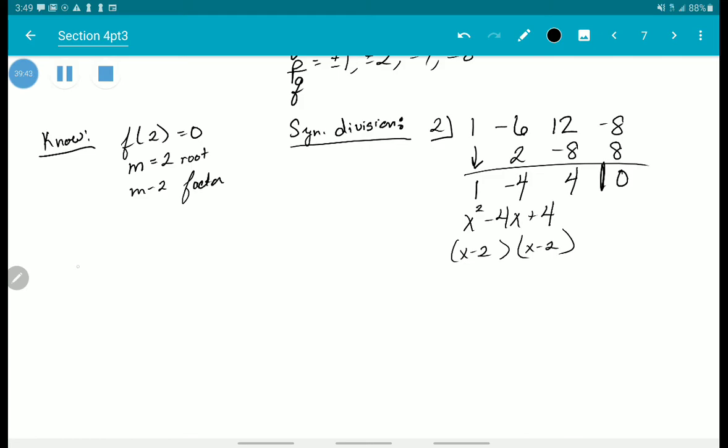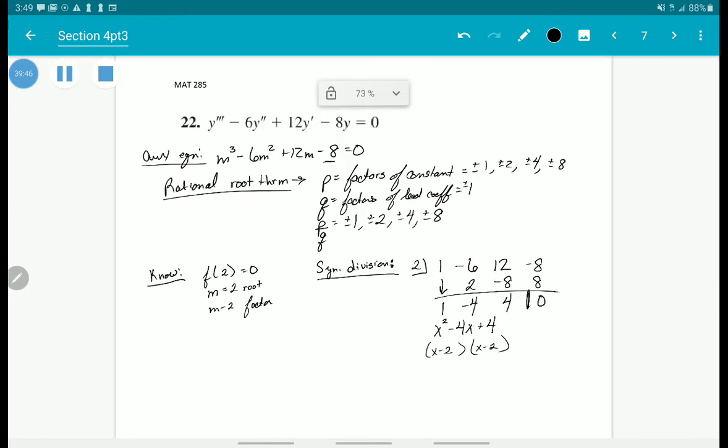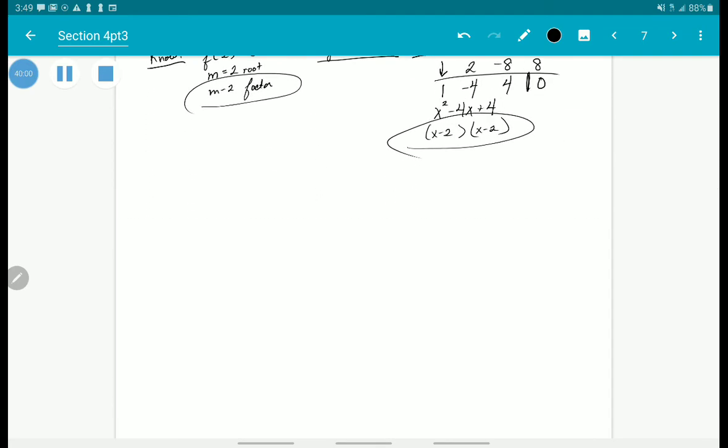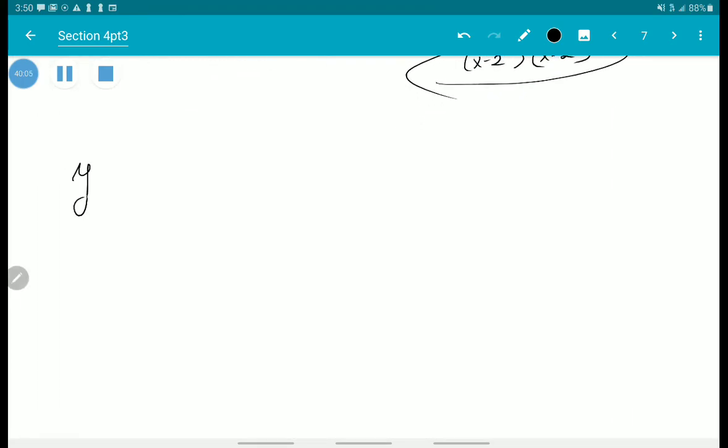So then our cubic, going back up to the top now, is the same thing as m minus 2, which was that first factor we found, times m minus 2 times m minus 2. So this is actually what's called a triple root. So we have to think about how we're going to write that solution. Well, we know y1 is going to be e to the 2x.